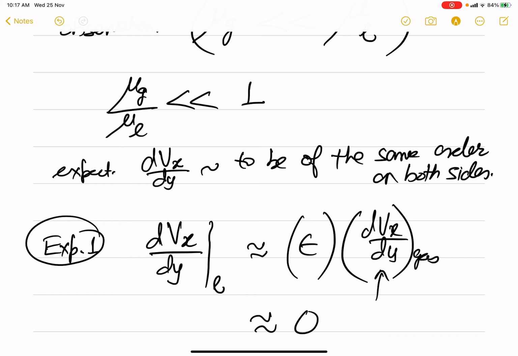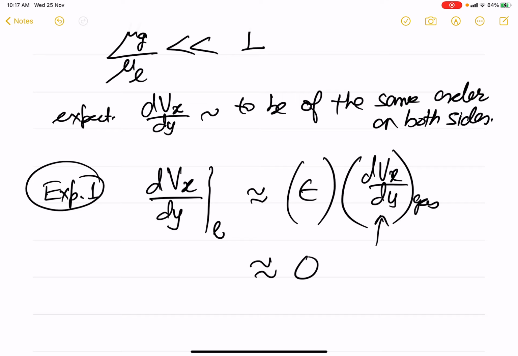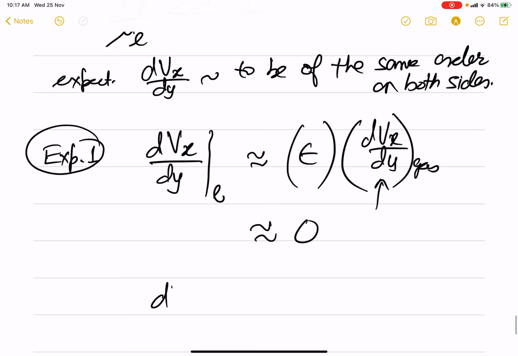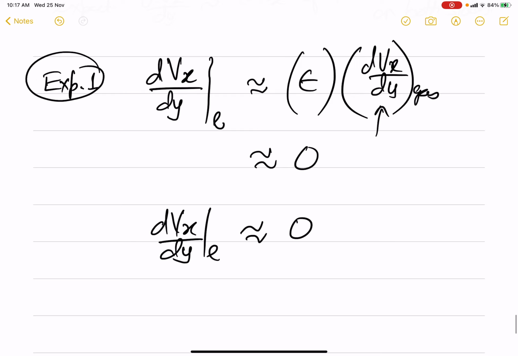Since we are calling this viscosity ratio epsilon, and it is much less than 1, we can expect dVx by dy on the liquid side to be nearly equal to 0, and this becomes a usable boundary condition.